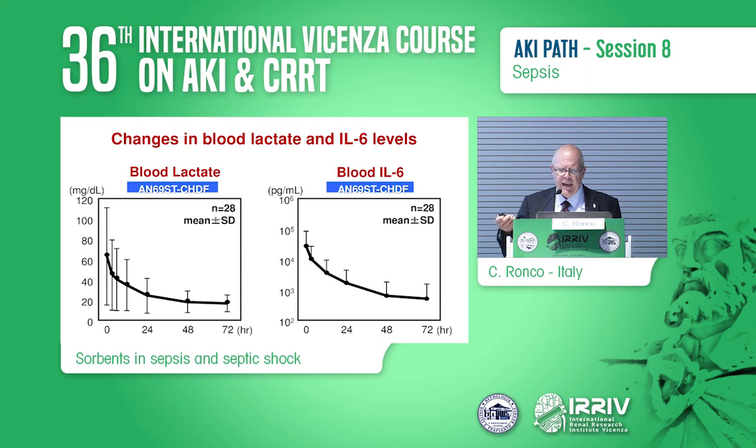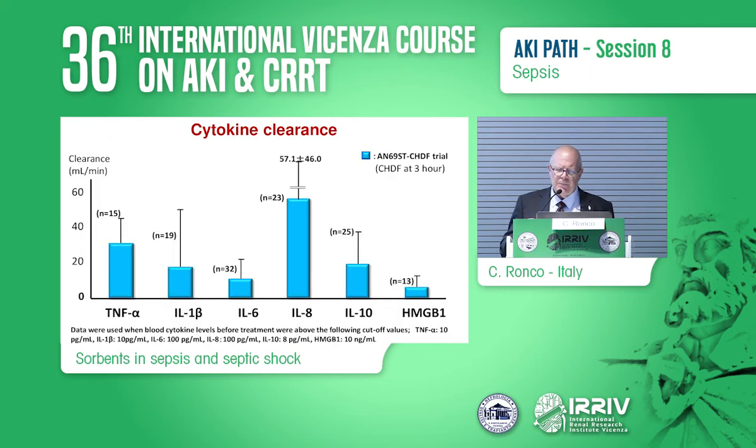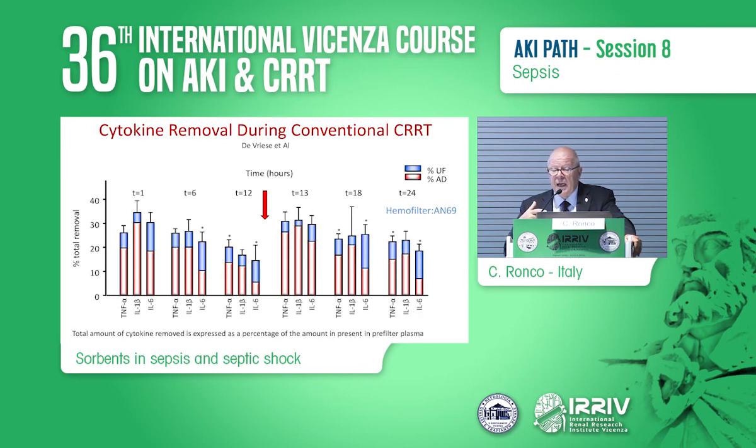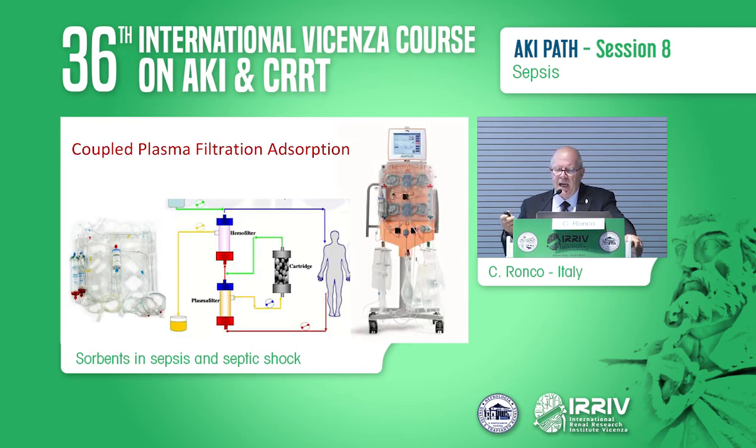This is PMMA and this is Oxiris. So if you have an important effect on cytokine clearance and demonstration that adsorption is an important phase, maybe adsorption should be further utilized. And this is how it is in the case of coupled plasma filtration adsorption.